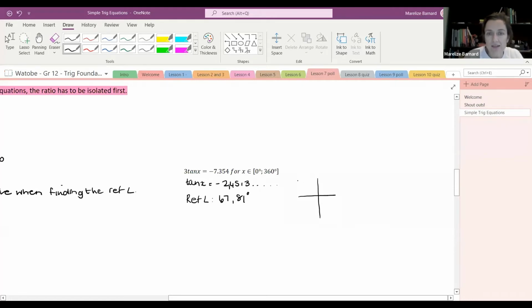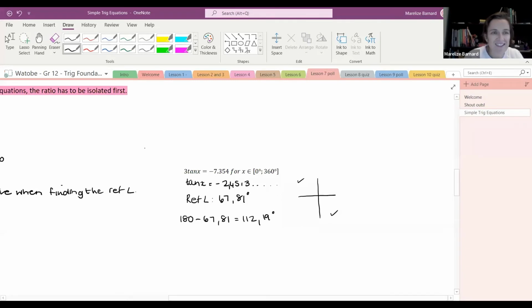Now we're going to get our quadrants by checking where tan is negative. So tan is negative in the 2nd and the 4th quadrants. To get our 2nd quadrant angle, we need to subtract the 67.81 from 180. So 180 minus 67.81 gives me 112.19 degrees.